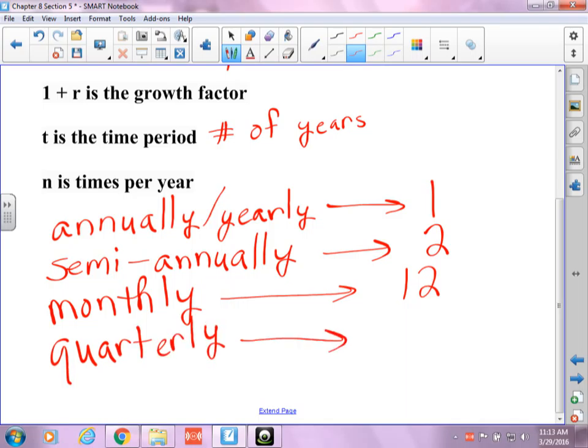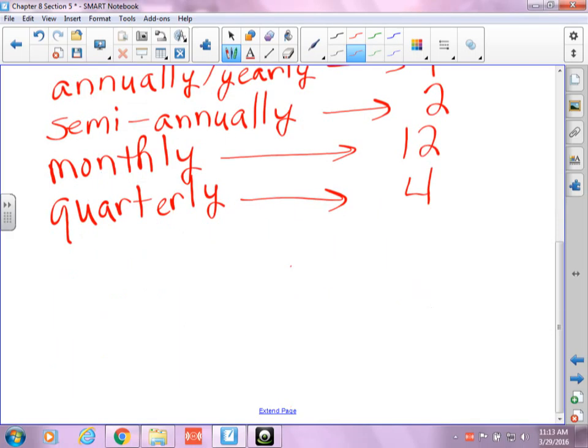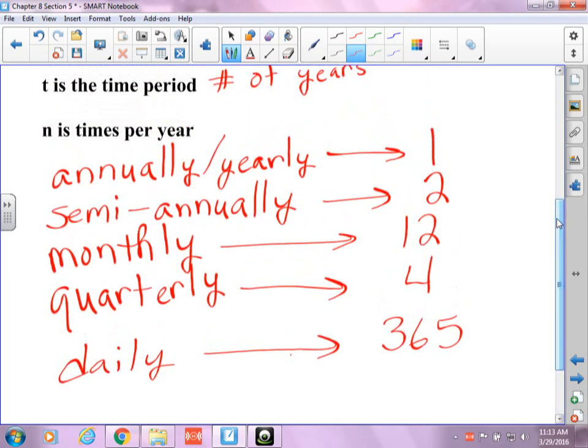How many quarters are there in a dollar? 4. Quarterly means 4. Sometimes you'll see daily. That'd be 365. But most of the time, these are the ones you see. So these are the numbers that you're going to see for n. And it just kind of depends on the problem. Okay.